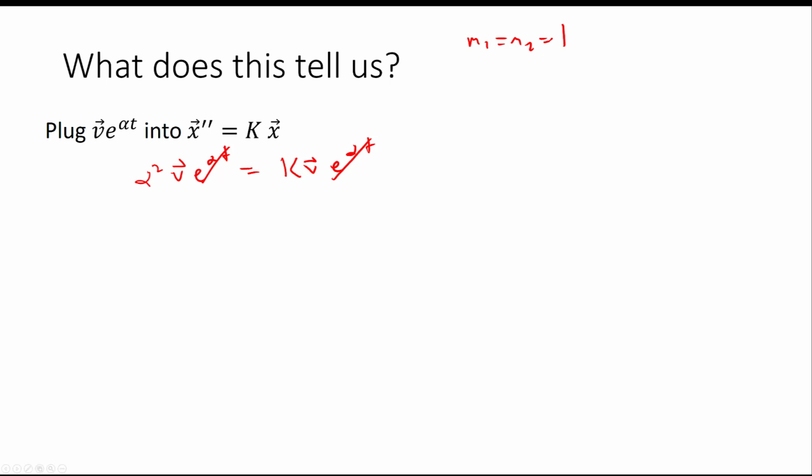After canceling out the exponentials, we note that we get an equation which is very similar to the eigenvalue-eigenvector equation from earlier in this module.